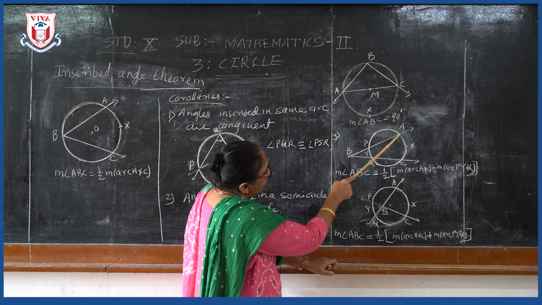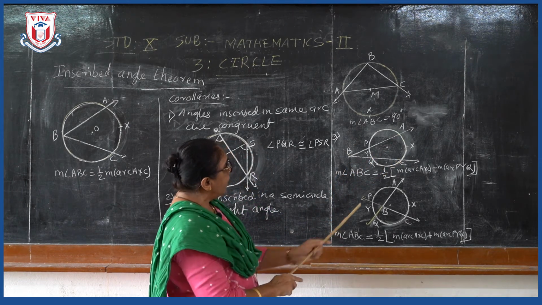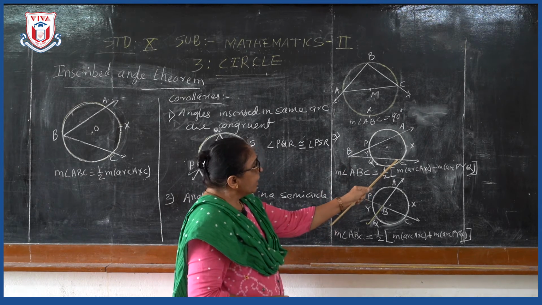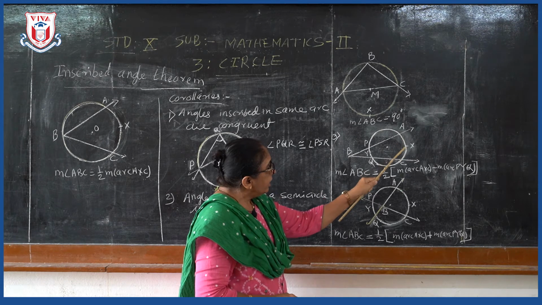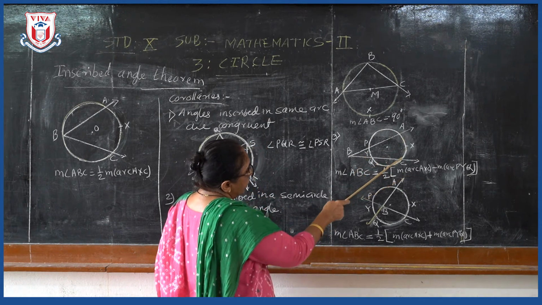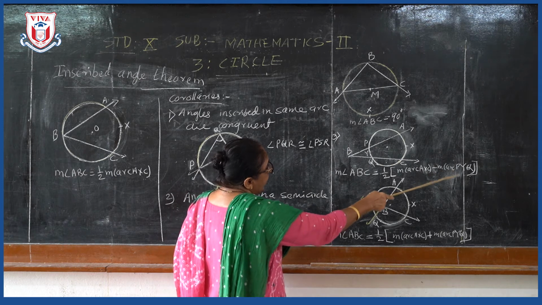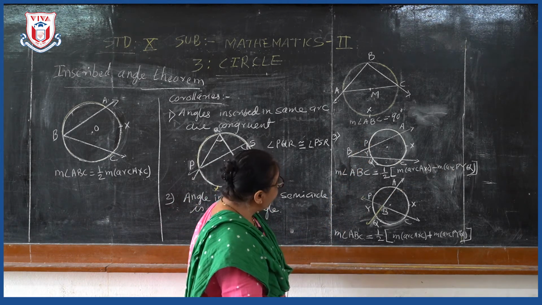Then what is the measurement of angle ABC? The measurement of angle ABC will be half the difference between the intercepted arcs, that is half of major arc AXE minus major arc PYQ.